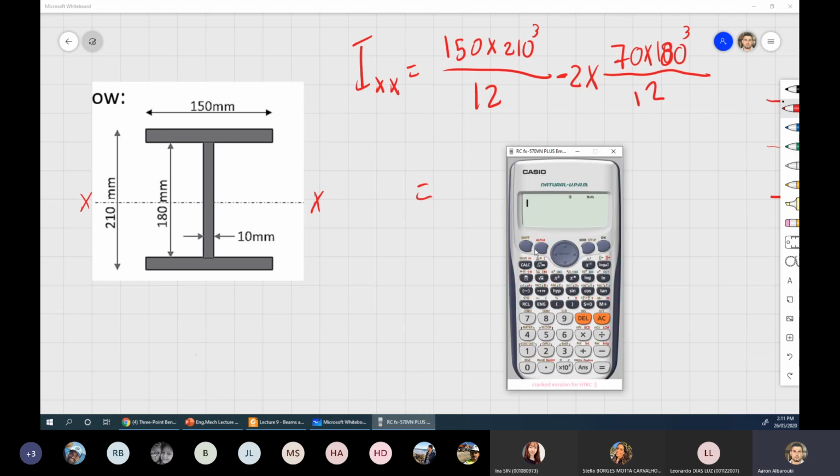So it equals 150 multiplied by 210 cubed on 12, minus 2 multiplied by 70 by 180 cubed on 12.